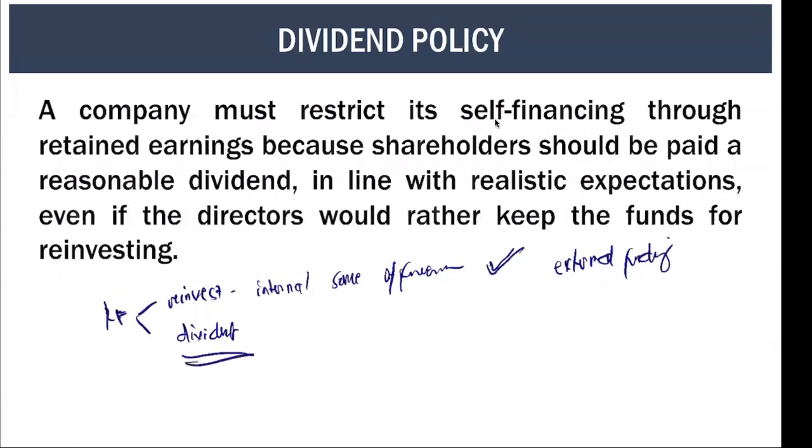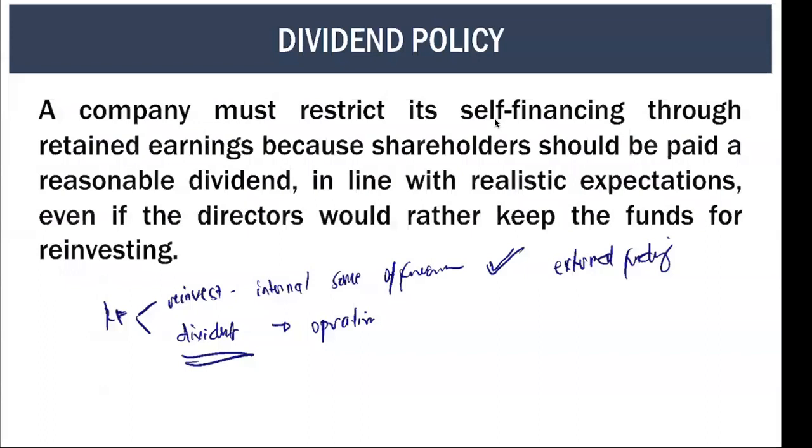However, we need to pay off dividend. Why? Because the dividend shows how the company operates. It signals whether the business is doing good or not, whether the business is fine or not. Therefore, even if we really want to just reinvest and use the retained earnings for financing our operations, we would rather at least give dividends so that it could signal our investors and stakeholders that we are earning and doing great in our operations.